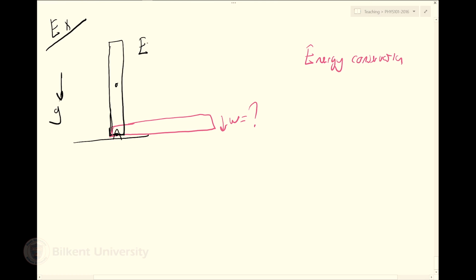Can you tell me the initial energy of the system? If I choose my reference level to be the ground level. Initially, I only have, okay, I should give you the mass m and L of this homogeneous rod. mgL over 2, because my potential energy, I can think that it actually acts on my center of mass.